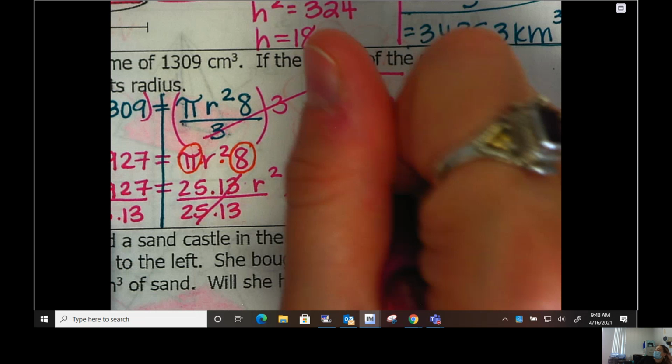No. Why not? Because it's asking, will she have enough sand with the 3 bags? Okay, will she have enough sand to build the castle? How do you know that? How do you know she doesn't have enough sand? Why? There's 3 bags of sand.